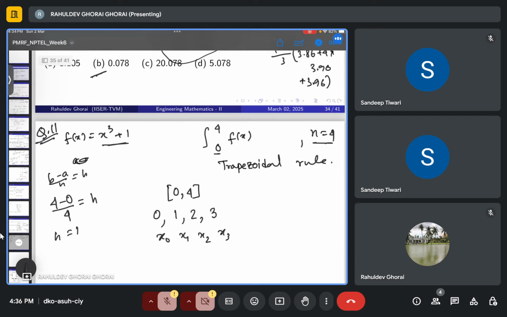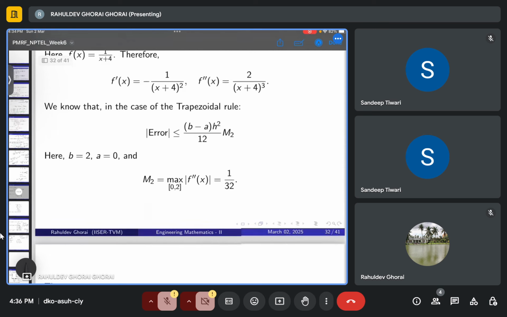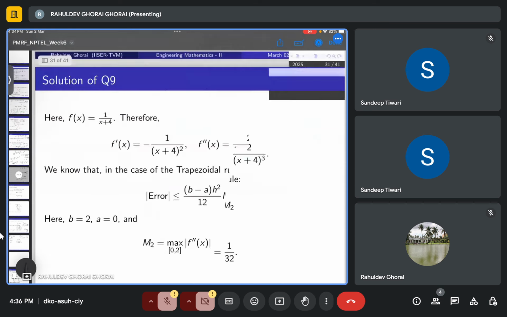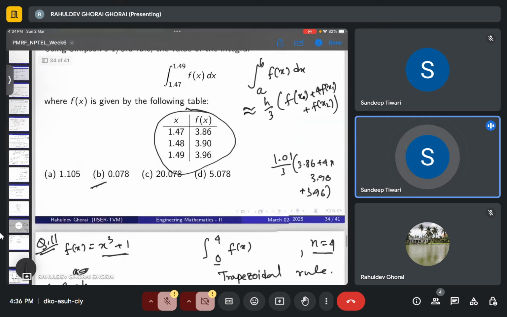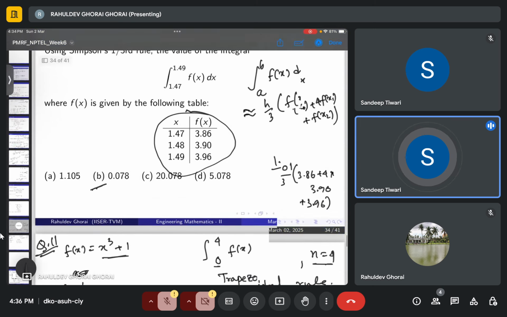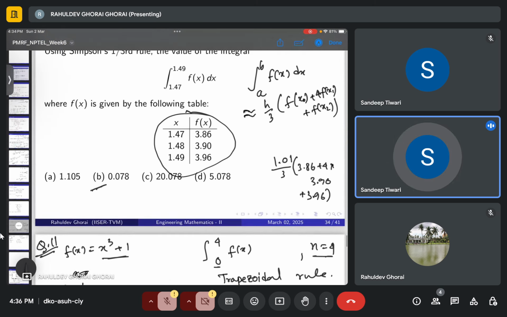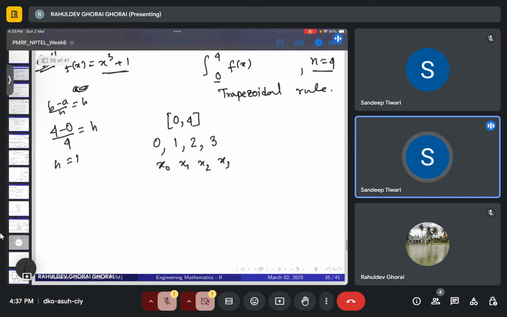Where did we do it? Sir, in this case there are only 3 points, so we do not need I2. But for the whole integral we have to divide it into I1 and I2.